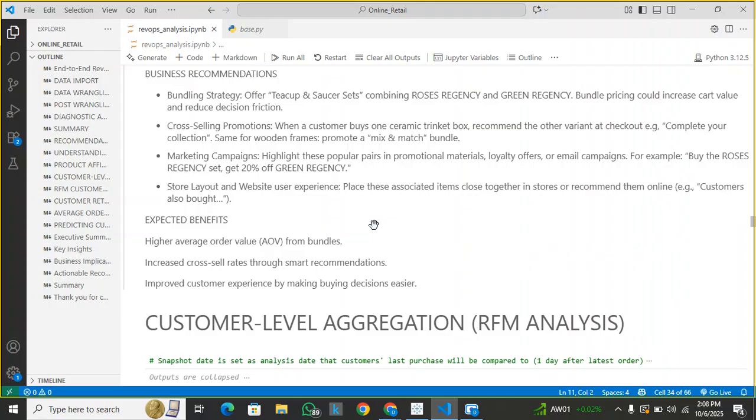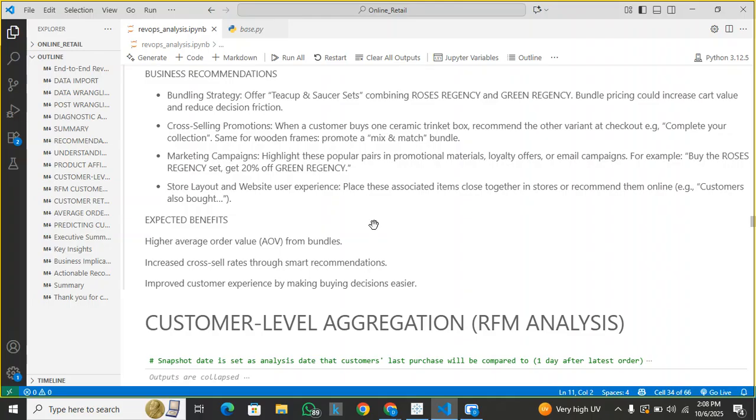Start a bundling strategy by offering teacup and saucer sets, combining Roses Regency and Green Regency. Bundle pricing could increase cart value and reduce decision friction.